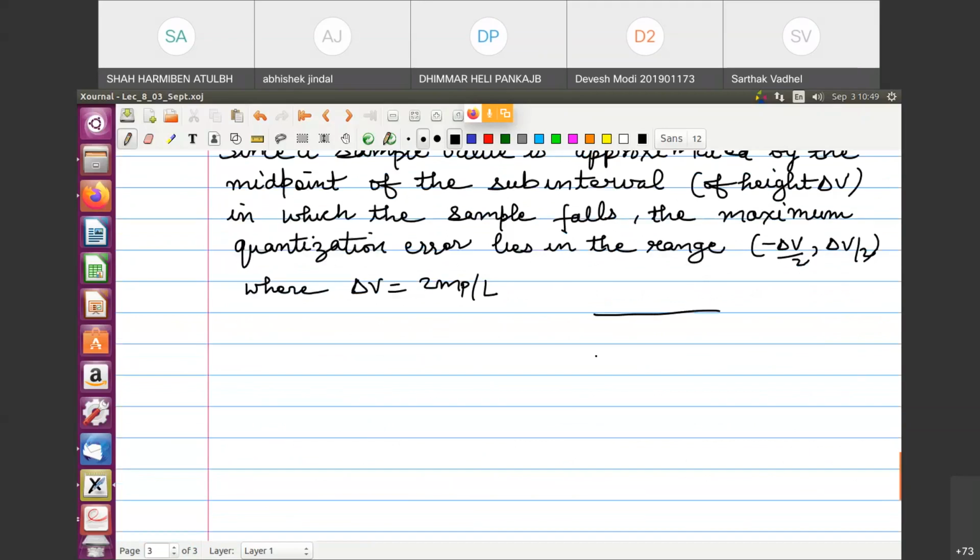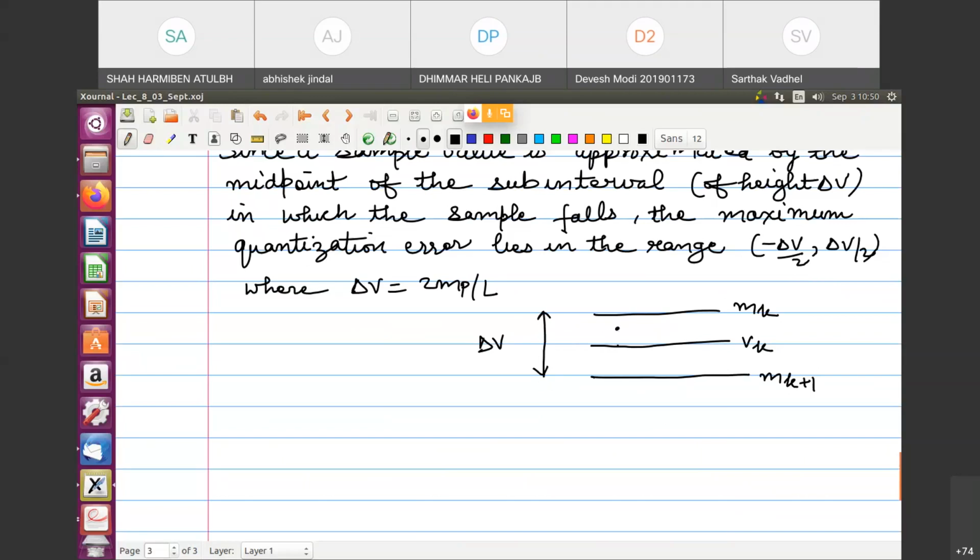Suppose this is m of k, this is m of k plus 1, and suppose this is v of k. And this is delta V, the length. Let us say there is a sample which lies here.